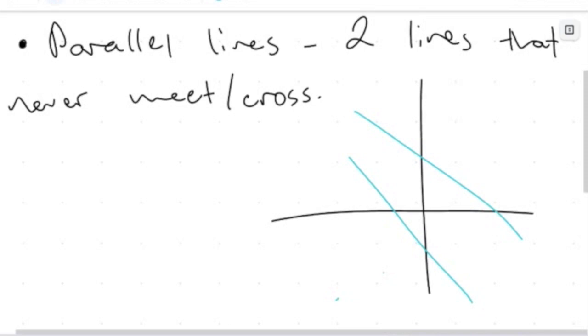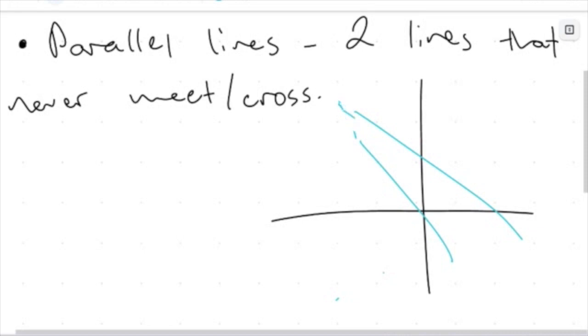I'm changing its gradient. Right now, this line and this line have two different gradients, and no matter how I draw them, with two different gradients they meet at one point.